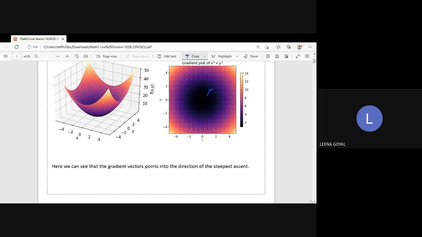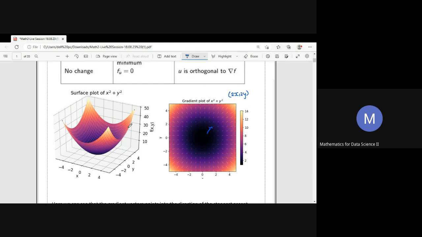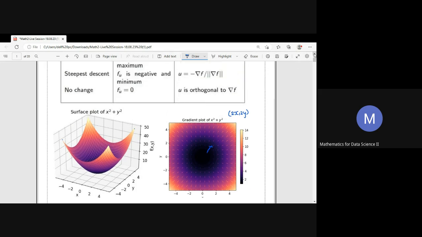Ma'am, I have a doubt. Yeah. Can we say that the steepest ascent is where the function is at its maximum as well? No, no. It is not like the maximum. That is not what we are studying. We are studying where it is going to increase fastest. Suppose you are considering a specific direction, how fast it is increasing in that direction.